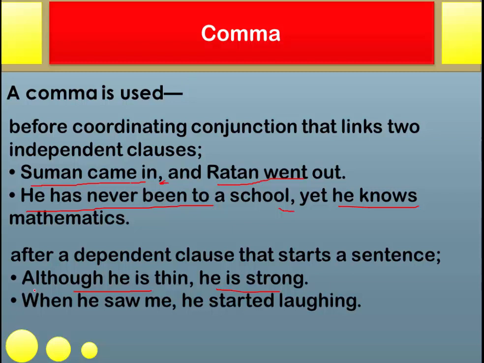Although he is thin is a dependent clause, because it doesn't make a complete meaning, and because it begins the sentence, here we use a comma. When he saw me, he started laughing. Again, this is a dependent clause.